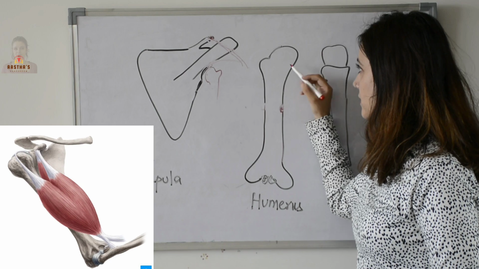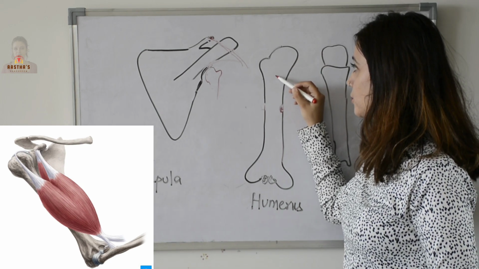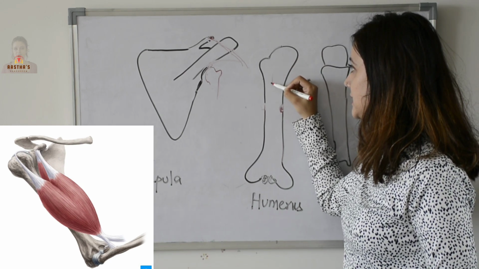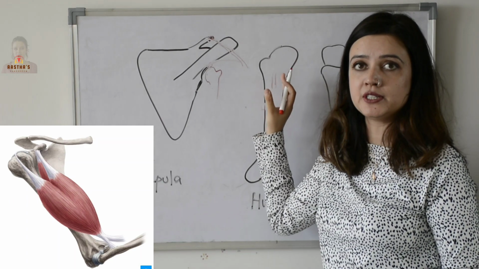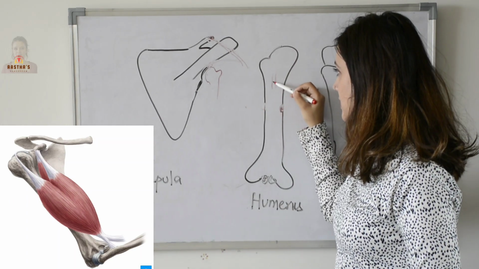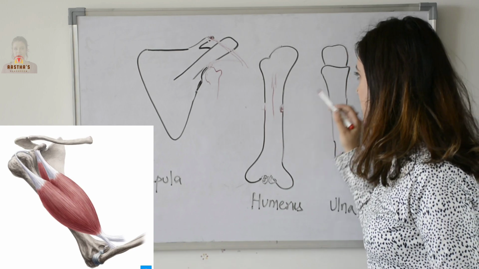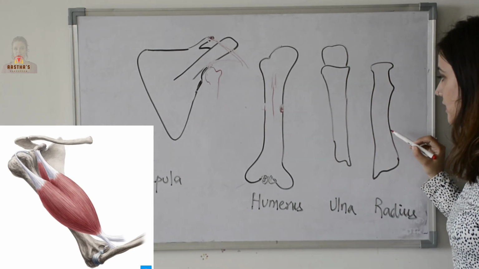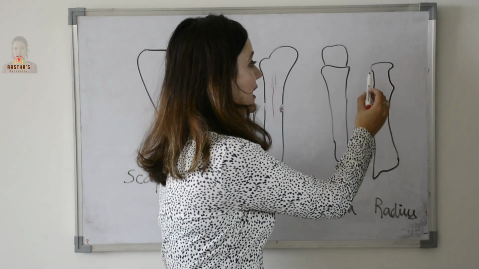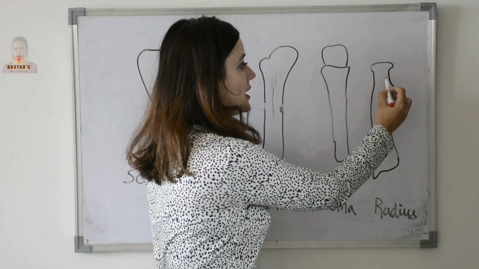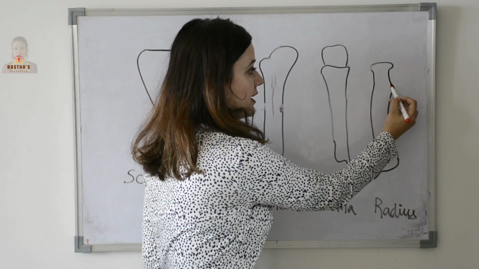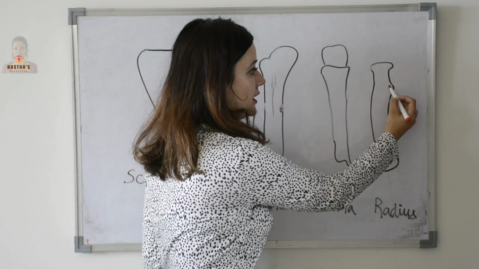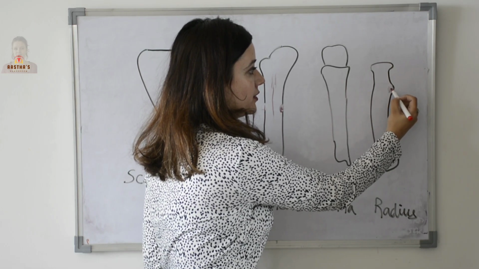It passes through the bicipital groove, which is present in the anterior part of the humerus. The tendon goes from here and it reaches the radius, and gets inserted in the radial tuberosity over here.